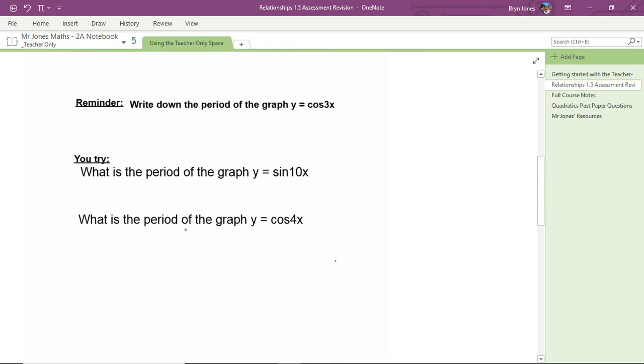Okay, next reminder question, write down the period for the graph y equals cos 3x. So remember that the number in front of the x would be the frequency. Okay, so if we just draw the standard cos graph, which starts here at 1, and it's this sort of bucket shape.